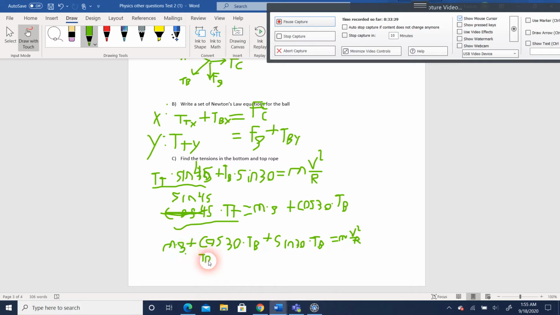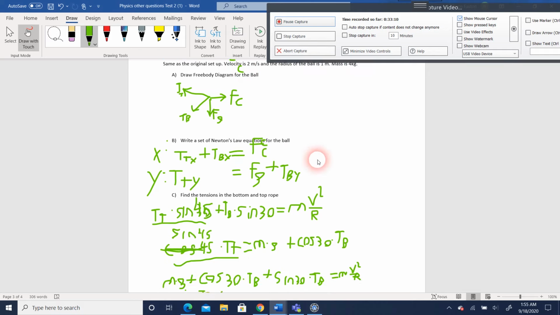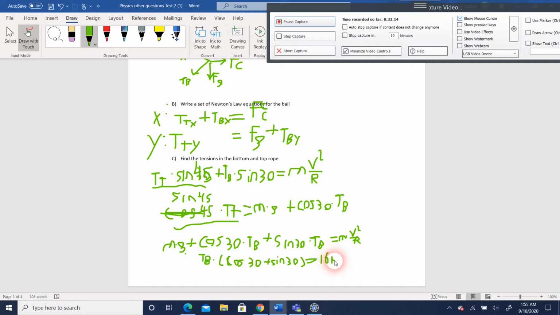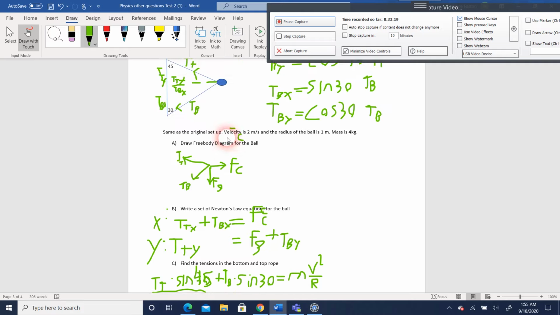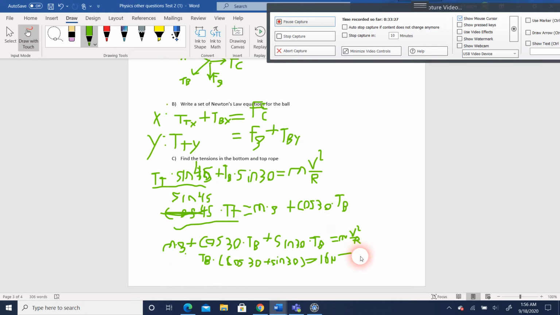So we're going to get TB multiplied by cosine 30 plus sine 30 is going to be equal to, after I plug in the ball mass, the radius, and the velocity, 16 newtons minus gravity times the mass, so 4 times 9.8.